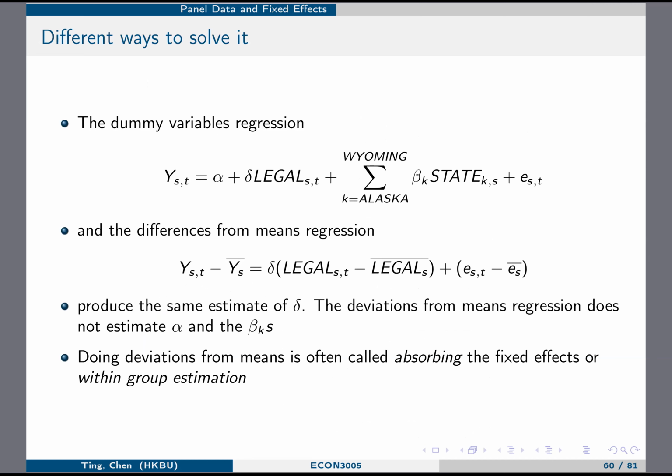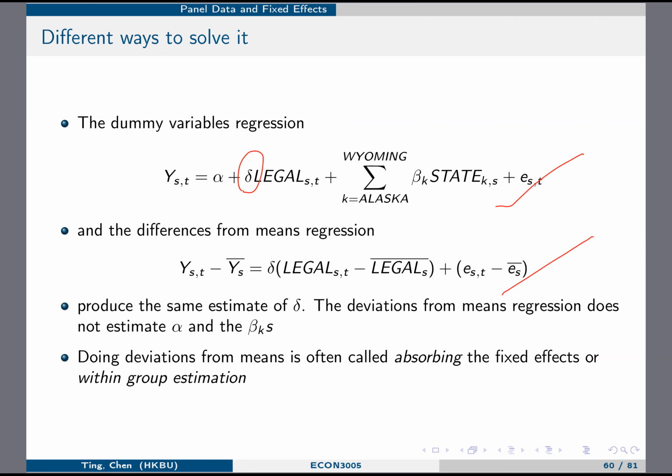And we can have a different way to solve that. So the dummy variable regression, again, only has the state dummy. And the deviation from mean regression, this is something we derived just now, right? Both of these regressions actually produce the same estimate of delta.